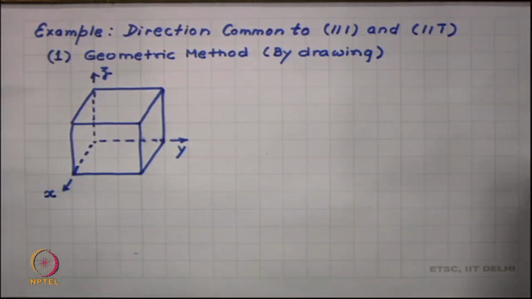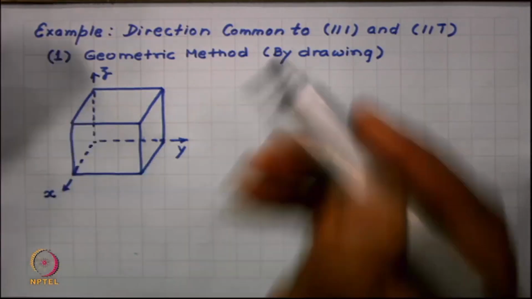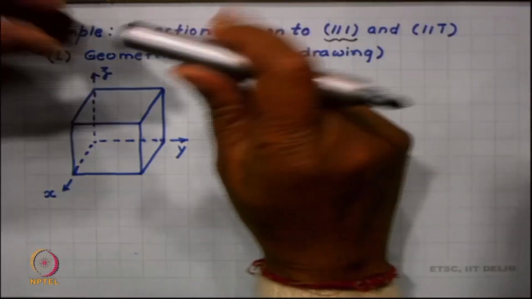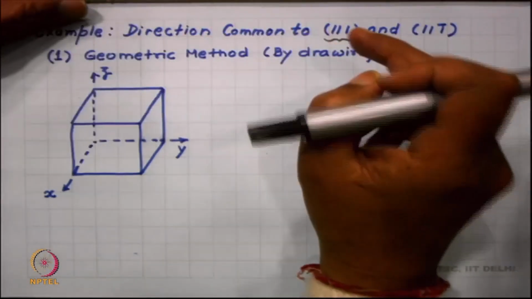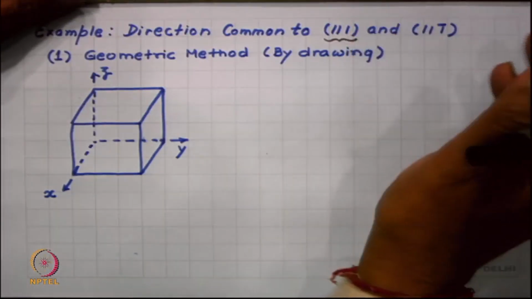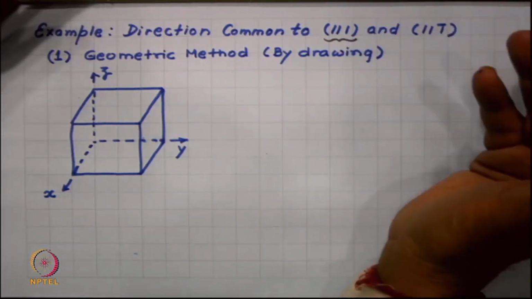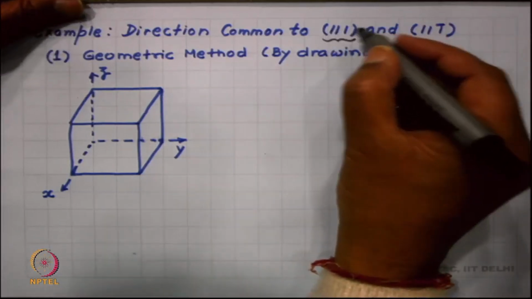With this, I am now ready to draw my first plane, the 1 1 1 plane. Recall that the Miller indices of any given plane are the reciprocals of the intercepts. In case of 1 1 1, that is not a problem, the reciprocal is also 1 1 1.